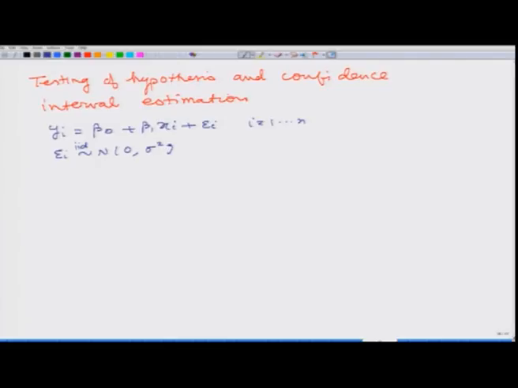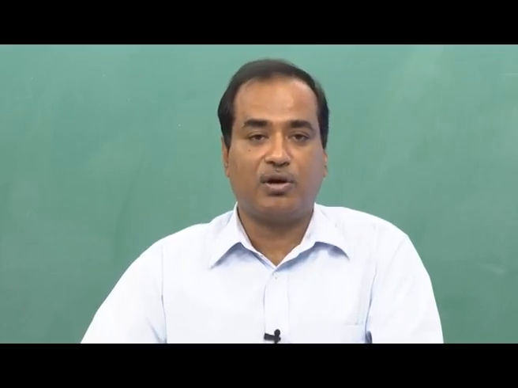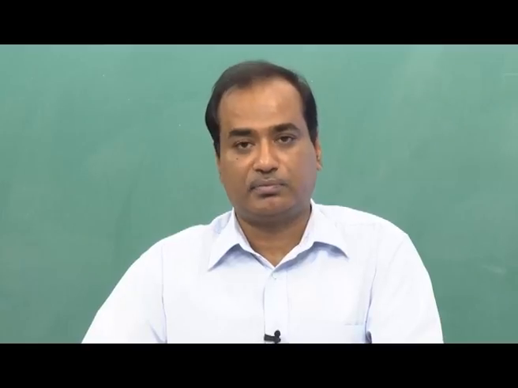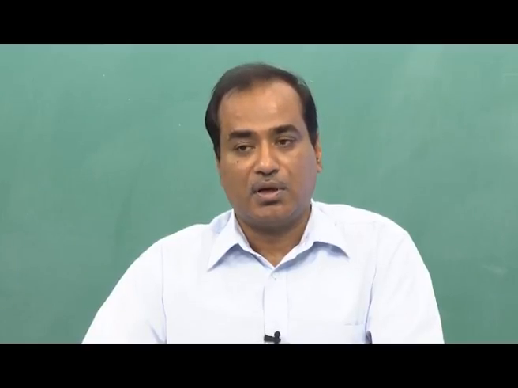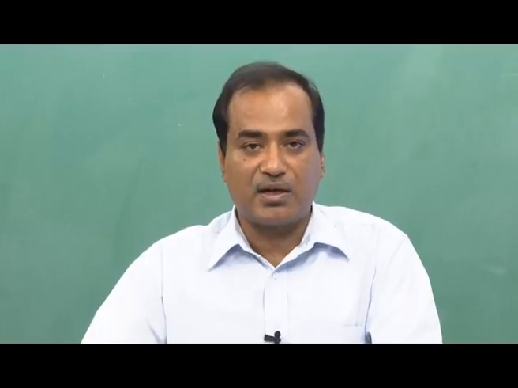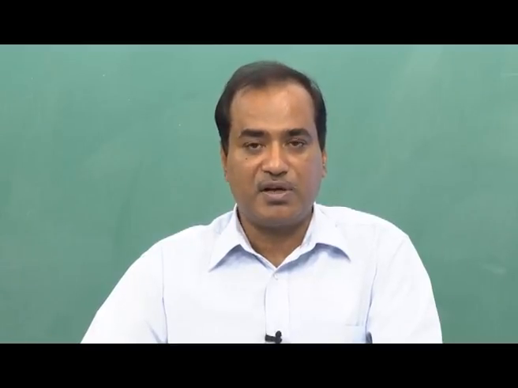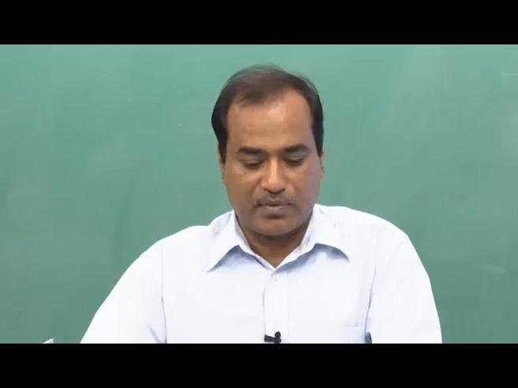At this moment, I would like to make a simple comment. You have seen that when we use the principle of least squares to estimate the unknown model parameters, we do not require knowledge of the normal distribution. When we attempted to estimate the parameters by the method of maximum likelihood, then we required the assumption of normality of the random error components right from the first step.